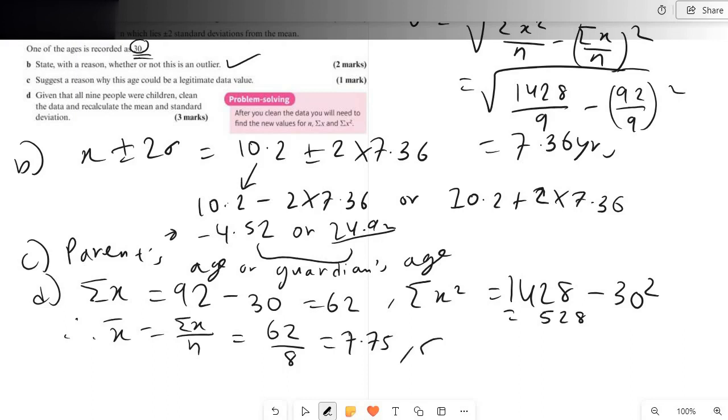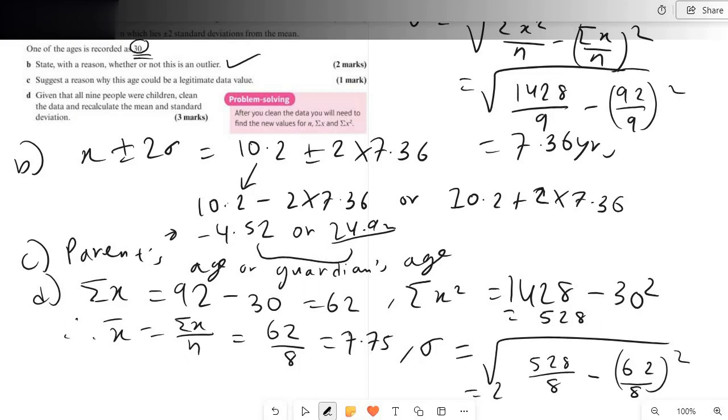Therefore, the new standard deviation is going to be root of 528 divided by 8 minus 62 by 8 whole squared. And this is roughly 2.44 years. And these are our answers.